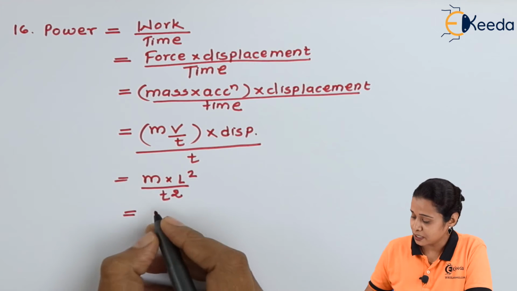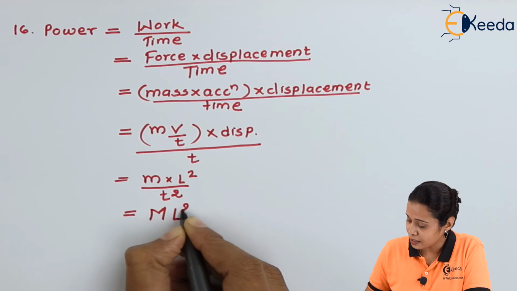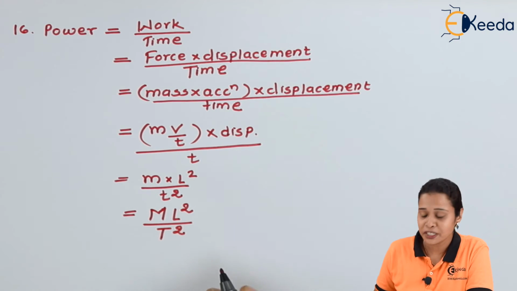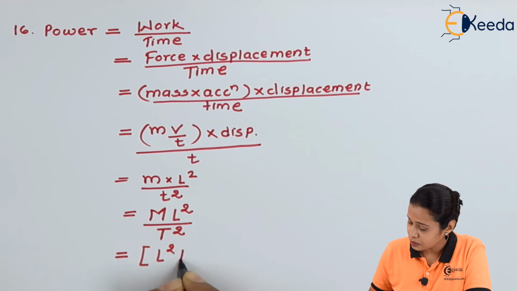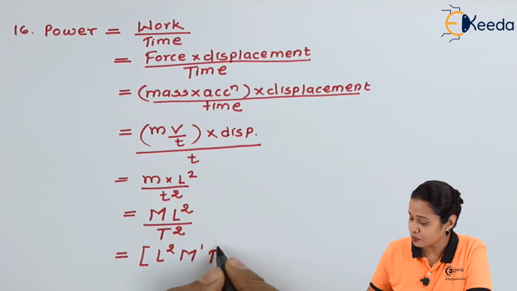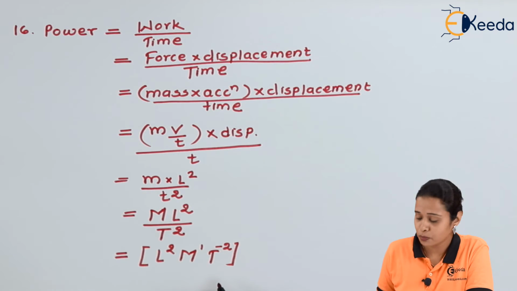Hence, we can express this in terms of M, L, that is a length, and T. Hence, the dimension of power can be written as L2, M1, T is in the denominator, so we'll write down T minus 2. This is the dimension of power.